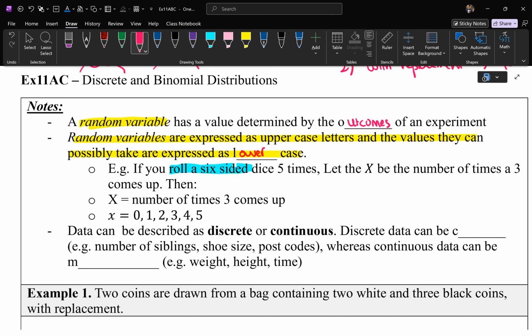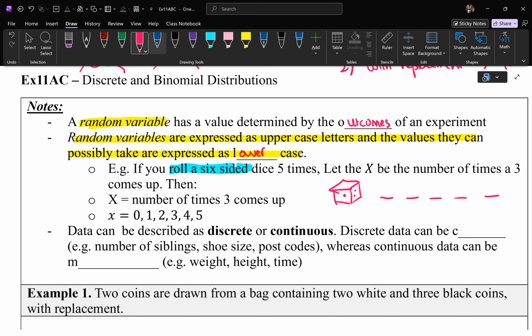So think about a dice. Here's your dice. I'm going to roll it 5 times. And I'm saying, out of those 5 times, so 1, 2, 3, 4, 5, I'm interested in finding how many times I'm going to get a 3. Okay? But I use the capital letter X and how many times I'm going to see a 3. Now, if I roll it 5 times, this is one possibility.